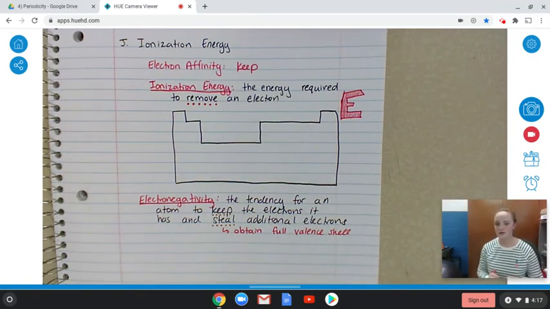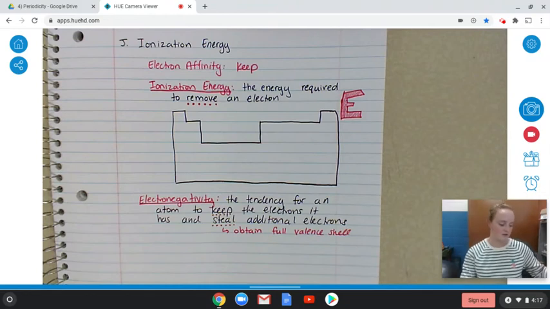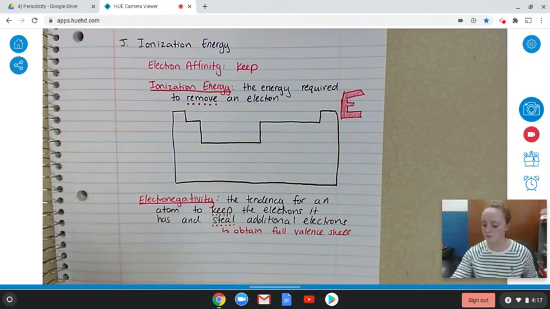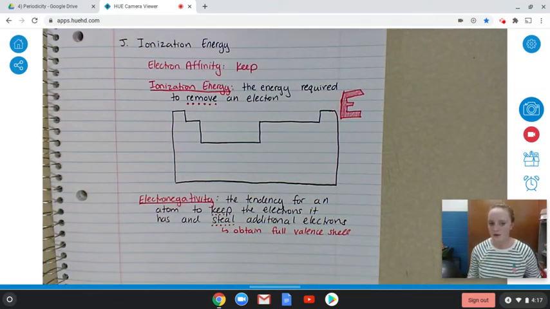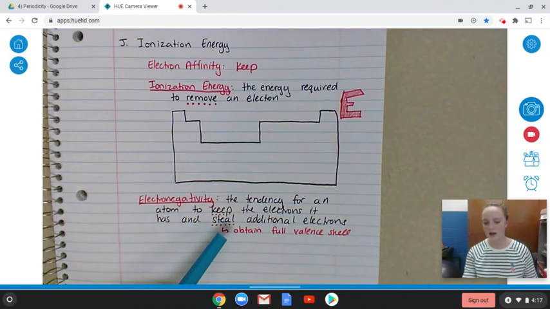So electronegativity is all about completing that full valence shell. This little detail means there's one large difference between electronegativity and our other two electron trends. So electronegativity is all about how much an atom will change in order to get that full valence shell.